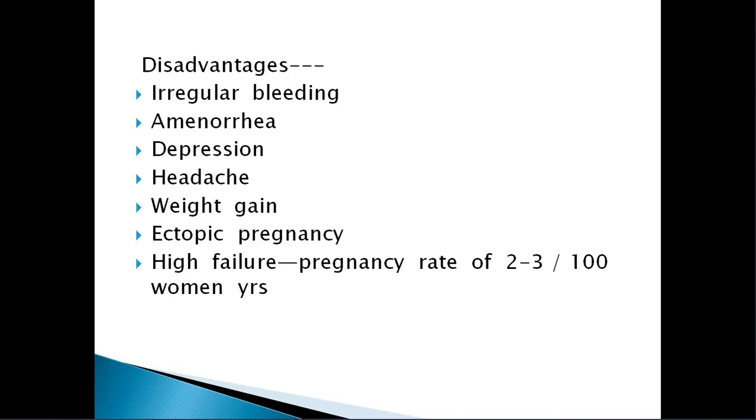Then ectopic pregnancy can occur, because progesterone by itself does not suppress ovulation in all patients. The effect of progesterone in preventing pregnancy is by affecting tubal motility, suppressing the endometrium locally, and thickening the cervical mucus, forming a cervical plug and preventing sperm entry.